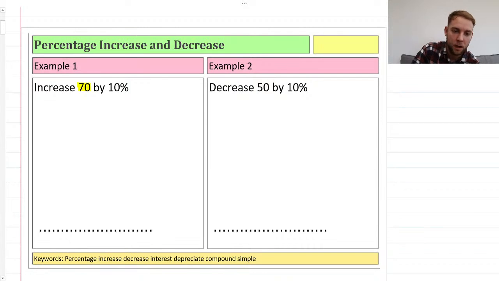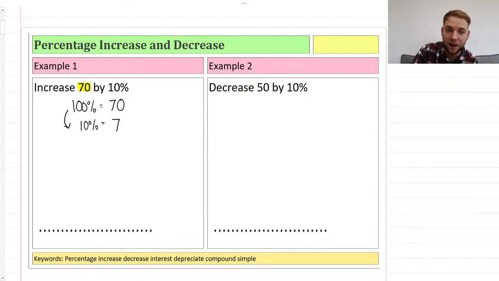So 100% is equal to 70. So if I want to increase by 10%, I'm going to need 10%. So 10% is equal to 7.